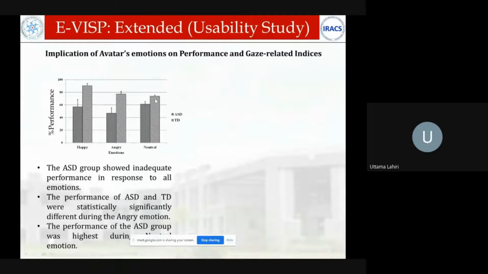But the typically developing children could easily achieve 70%, whatever be the emotion. Another interesting finding is the typically developing children were very comfortable in performing for the happy facial emotional expression. But in contrast, typically an autism child was more comfortable with the neutral face, where there was no emotion, where the performance was the maximum among the happy, angry, and the neutral.